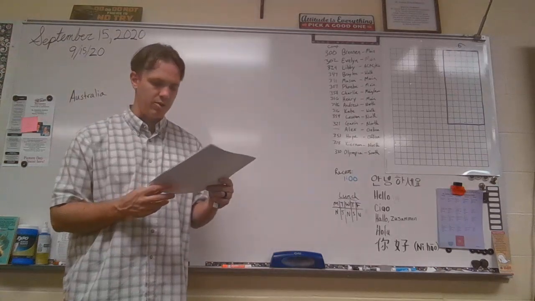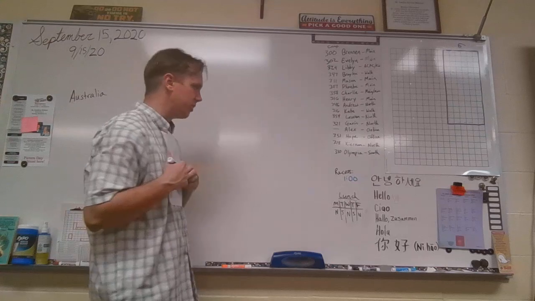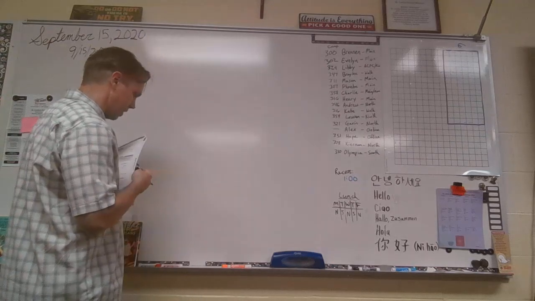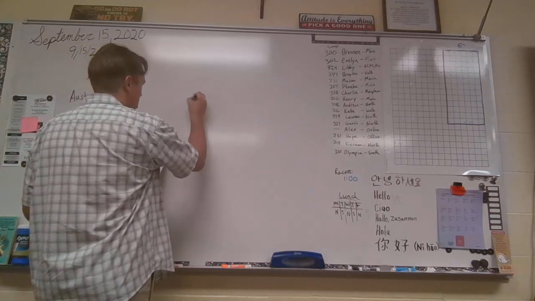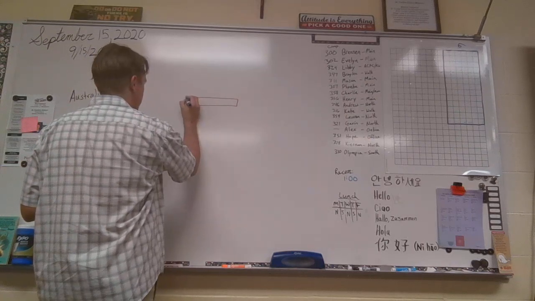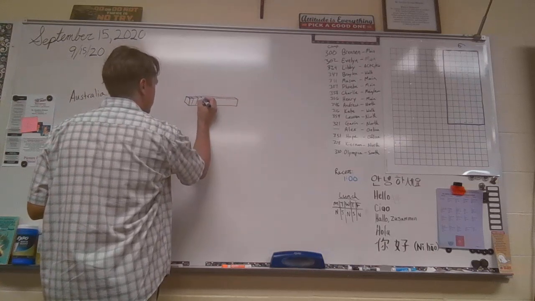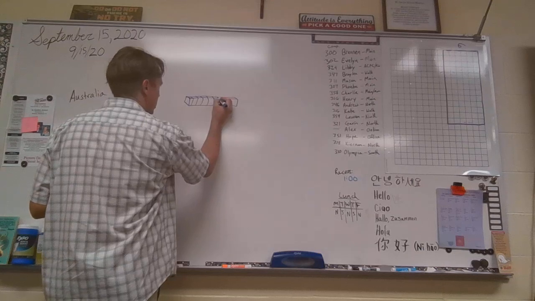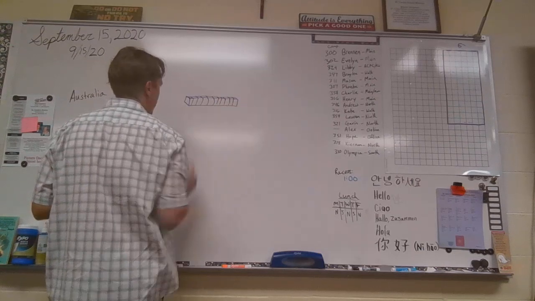We are on page 121. It says, use the model to find the product. So first of all, we haven't really talked about this, I guess, but when they draw out these little long things like this, they're kind of 3-dimensional. They have lots of little lines in here. I don't know how many that is, doesn't really matter.